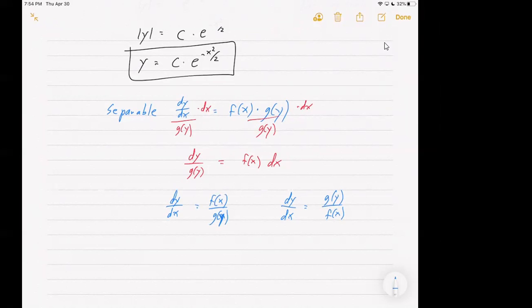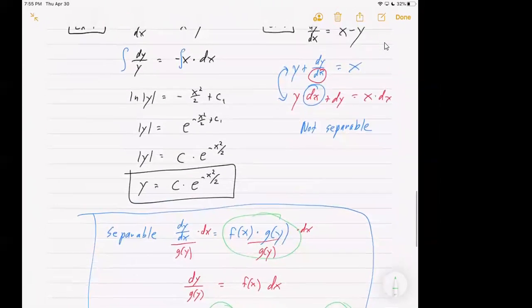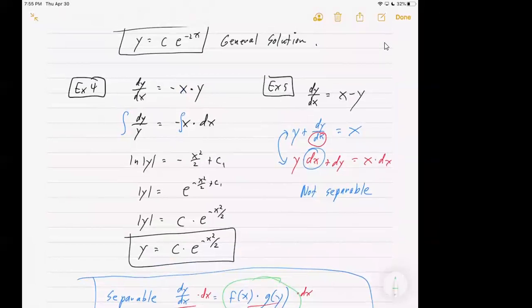And in all of these cases, we multiply both sides by dx to separate everything out. So when they're in one of these forms, either f of x times g of y, or f of x divided by g of y, or a function of y divided by a function of x, we are able to separate them. But in the example 5 that we had, this is a function of x minus a function of y. You simply can't separate that. All right, in the next video, we'll just look at a few more examples.